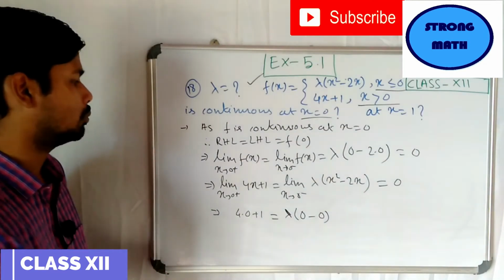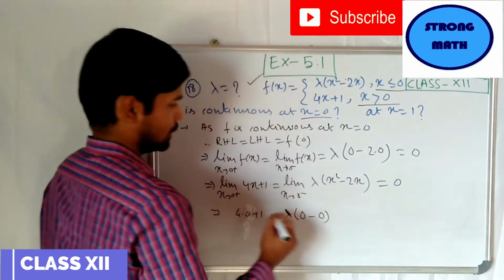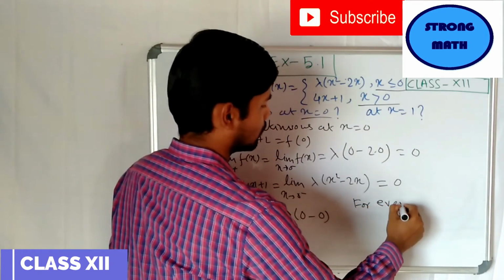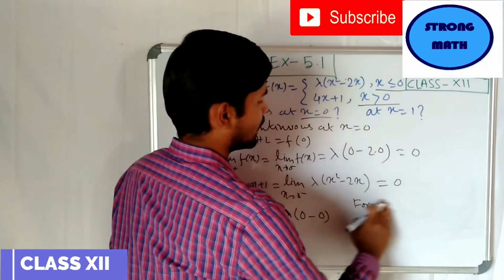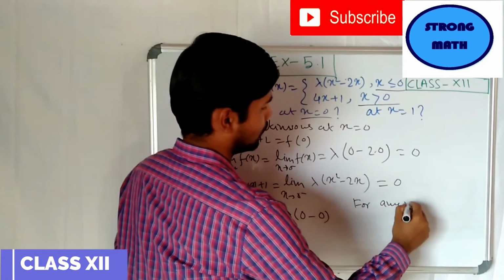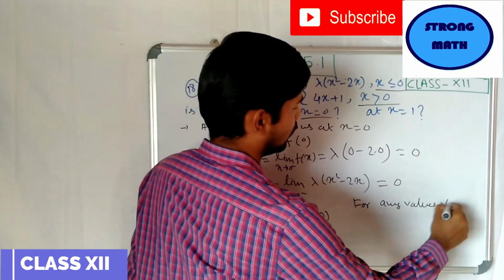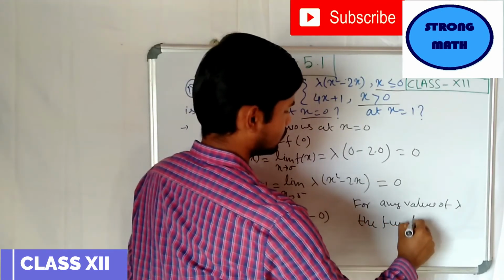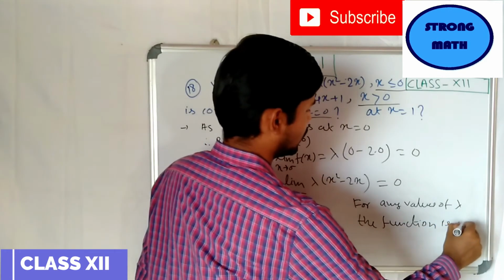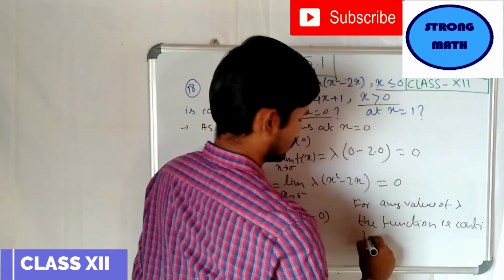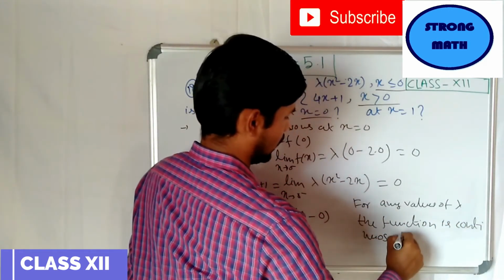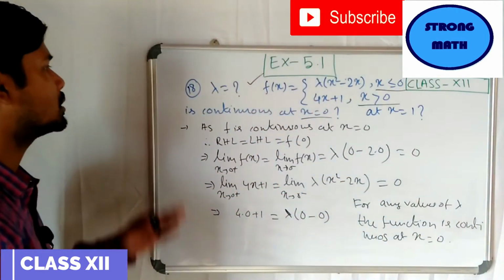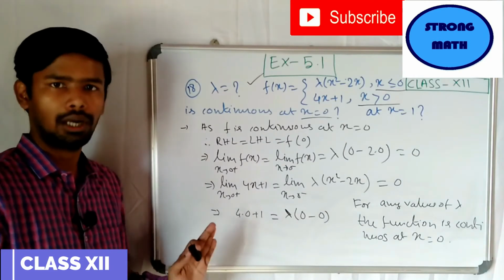So basically in this case, for any value of lambda, the function is not continuous at x equals 0. The continuity of this function does not depend on the value of lambda.